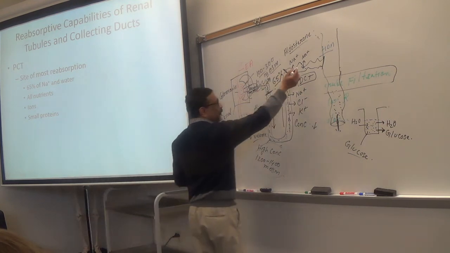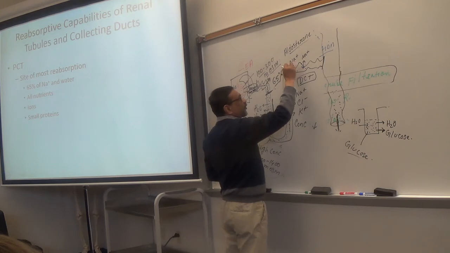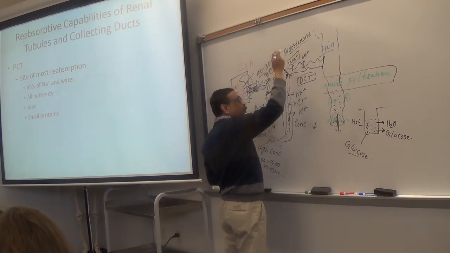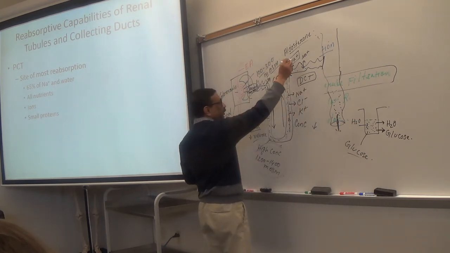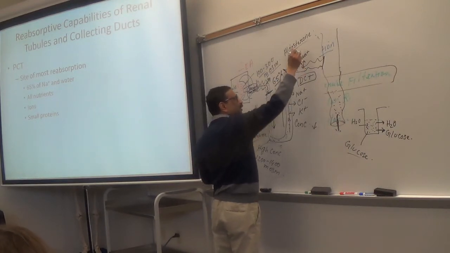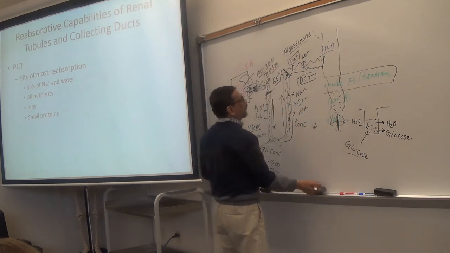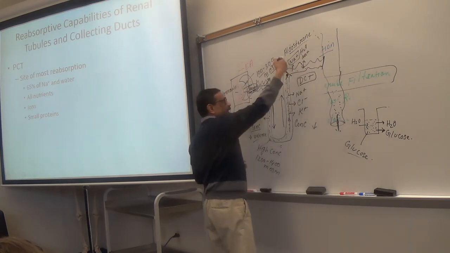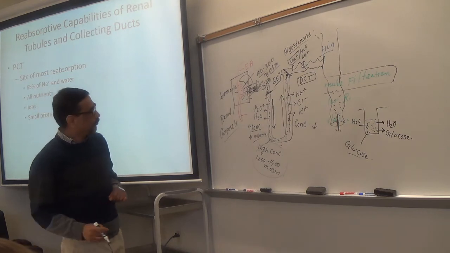So sodium is going back to the body. And remember, sodium always tries to take water out with it. This is a property of sodium. Sodium binds with water and takes the water also out with it. So sodium plus water will get reabsorbed in the presence of aldosterone.